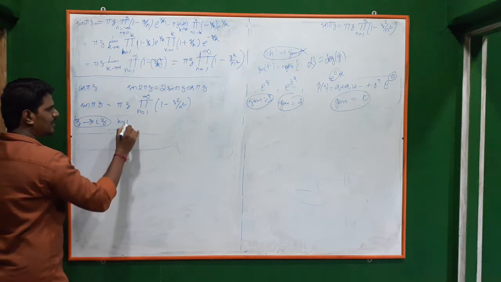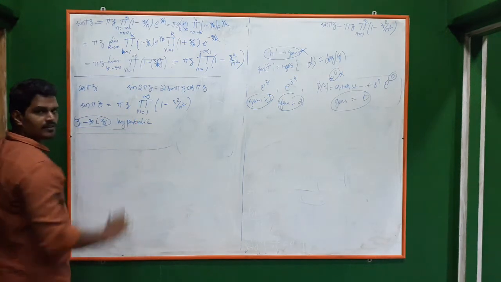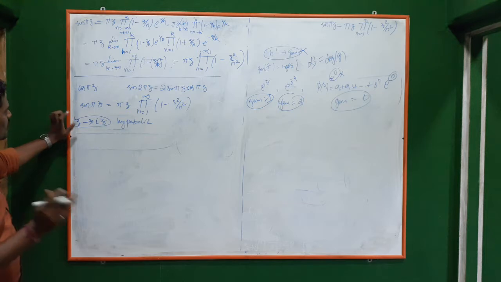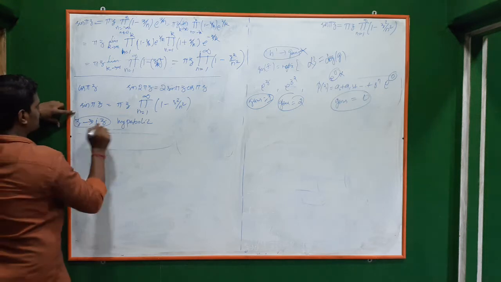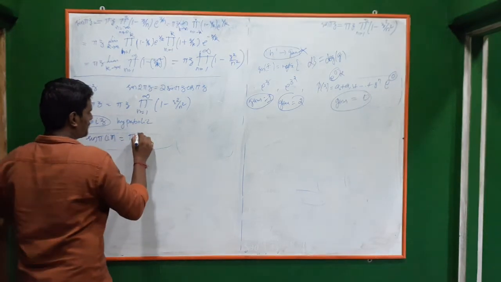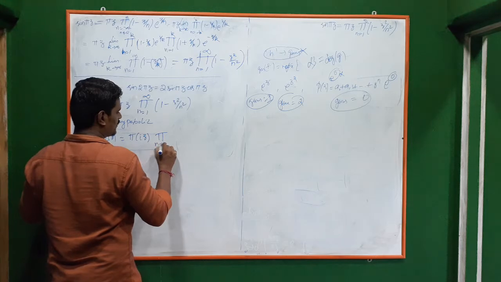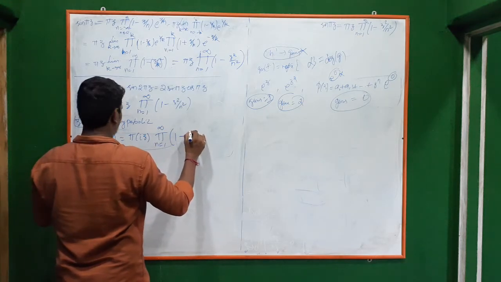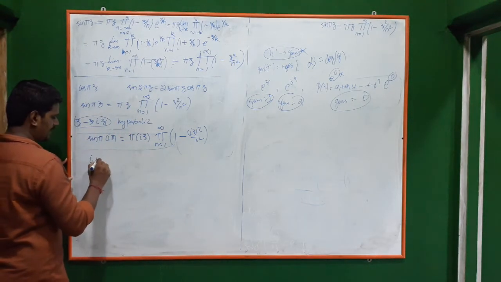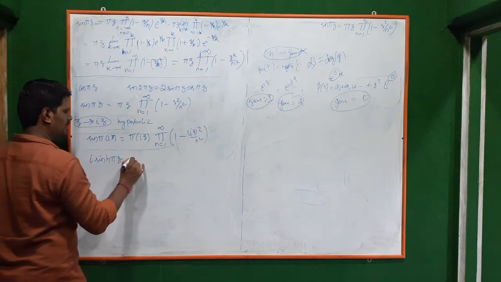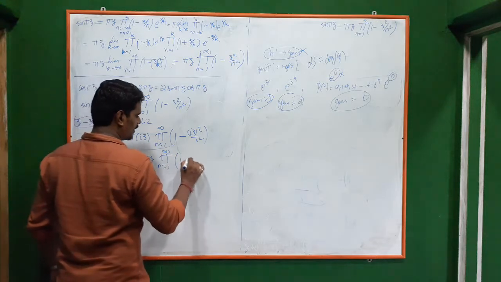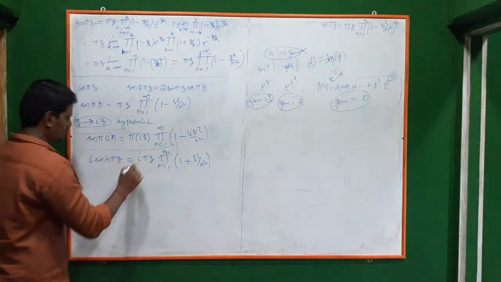For getting the hyperbolic function from trigonometric functions, we have to replace z by iz and simplify. So replacing z by iz, this will be sin πiz, which is πiz times the product over n from 1 to infinity of (1 − (iz)²/n²). The left-hand side will be i sinh πz, which is iπz times the product of (1 + z²/n²). So i will be cancelled out.